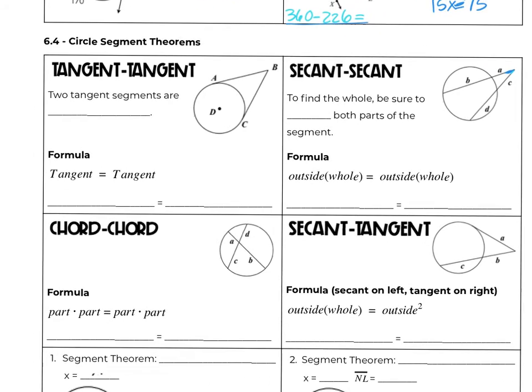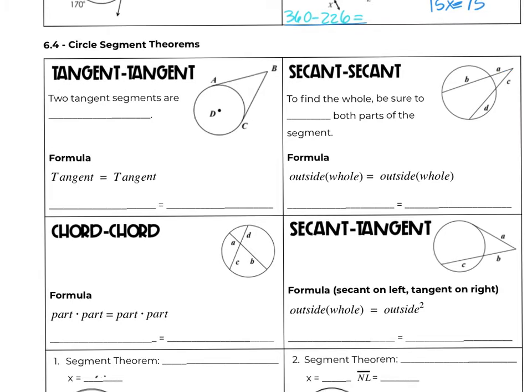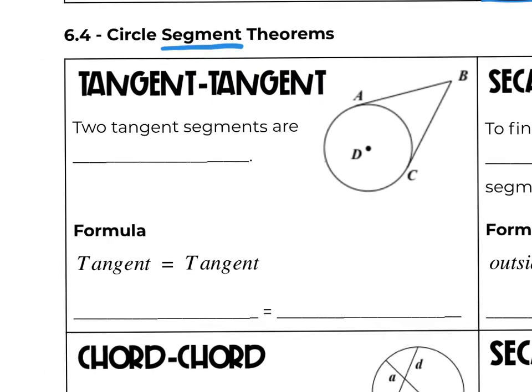Something to note in telling the difference between segments and angles is that on today's questions there are no degree signs. Arcs and angles use degrees. Segments are just a measurement, showing how long that segment is. Okay, so we're looking at 4 types and they're all named by their segment or line type.